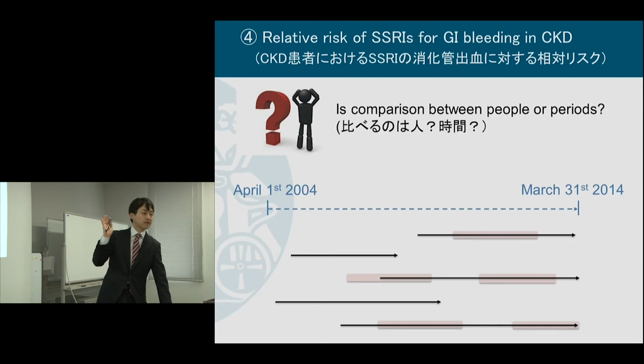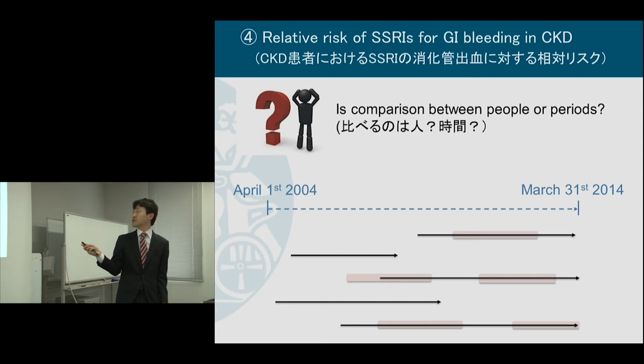So if the outcome was cancer incidence, probably I should choose this option because once a patient is exposed to a drug, they may be at risk for cancer later. But in the case of GI bleeding, generally we can expect that the risk of GI bleeding is increased only at the time of drug prescription.